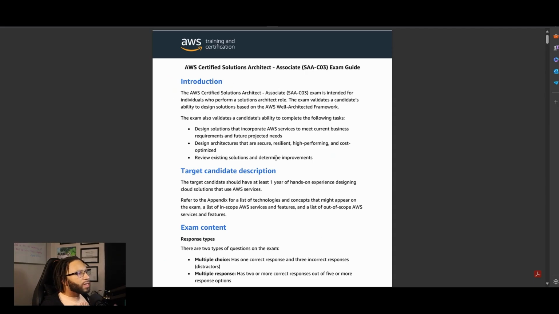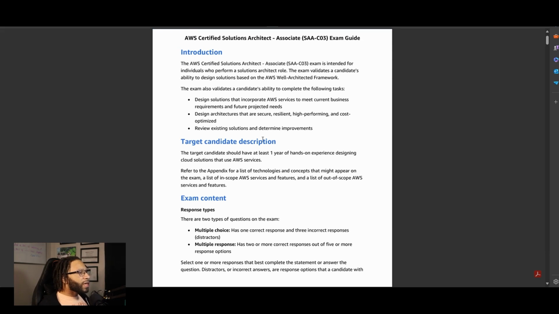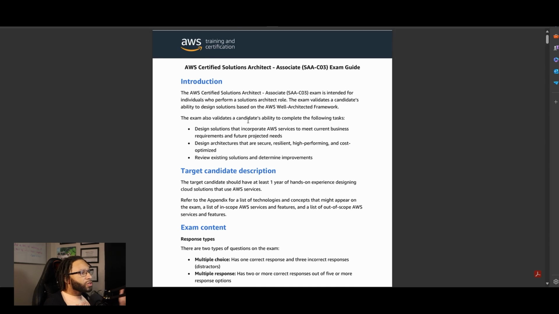As far as the exam guide is concerned, this is essentially where you would get a more in-depth description of the type of exam you're about to study for. It gives you an introduction of what the exam is and what it's going to validate as far as your ability to complete tasks within AWS.